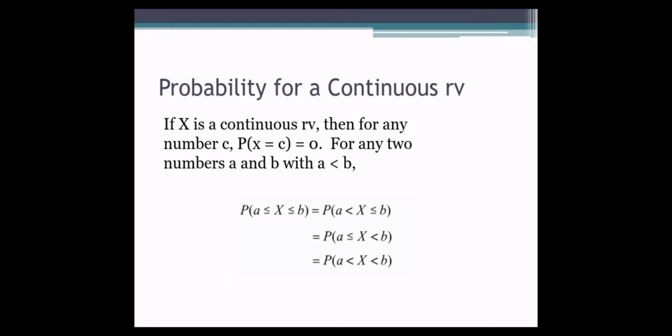For any two numbers a and b with a less than b, as I said earlier, the probability of a less than or equal to x less than or equal to b can also be the probability of a less than x less than or equal to b.